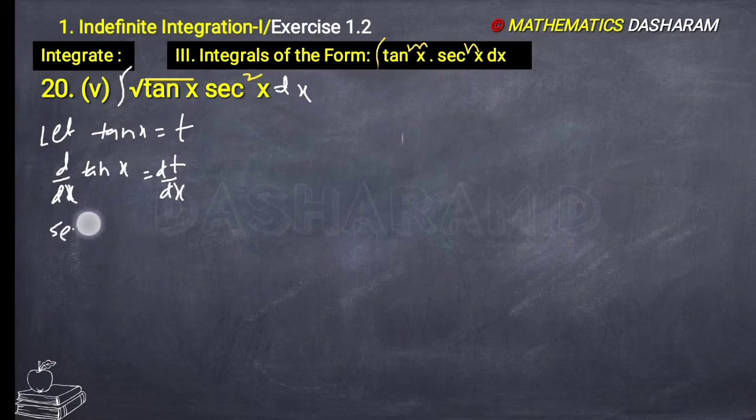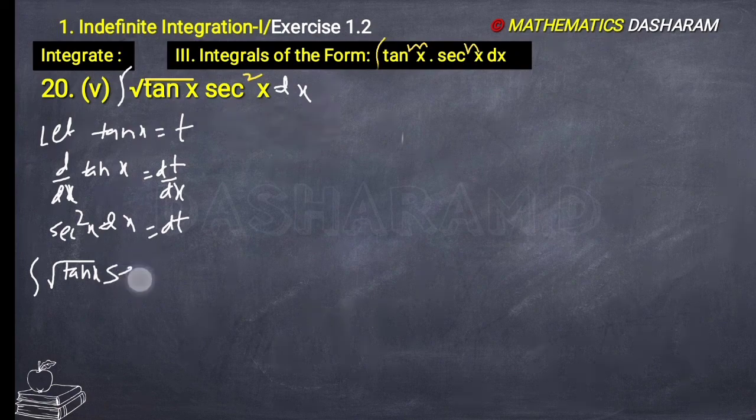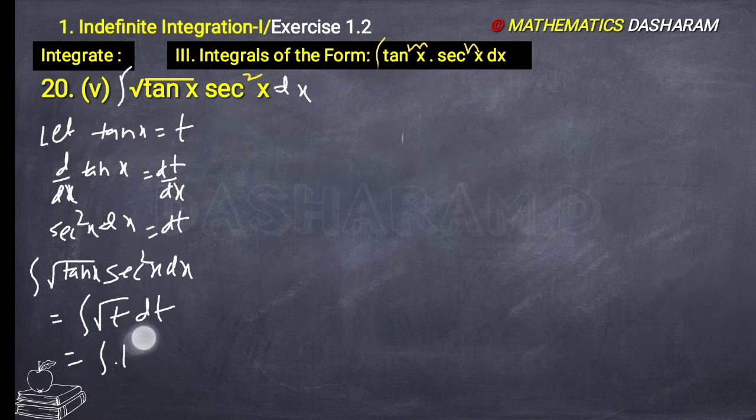So secant square x and dx transposed to the left side is equal to dt. Now the given question is under root tan x into secant square x dx, equal to the integration of root t, with secant square x dx equal to dt. Integration of t to the power of 1 by 2 dt.